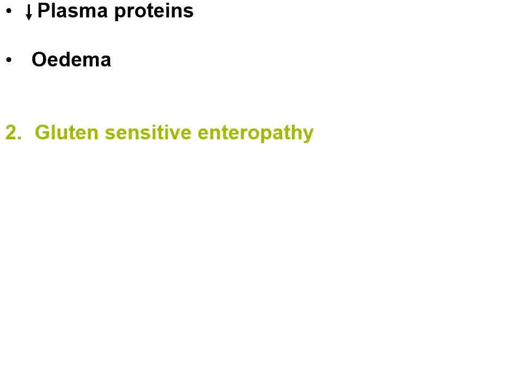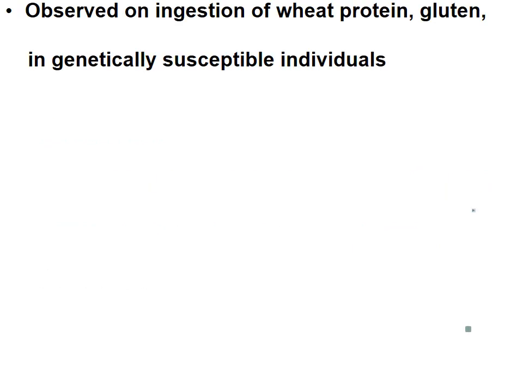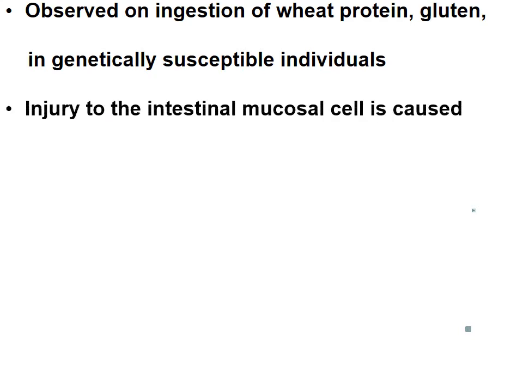The second type is called gluten sensitive enteropathy. Here this is a malabsorption observed on ingestion of wheat protein gluten in genetically susceptible individuals.